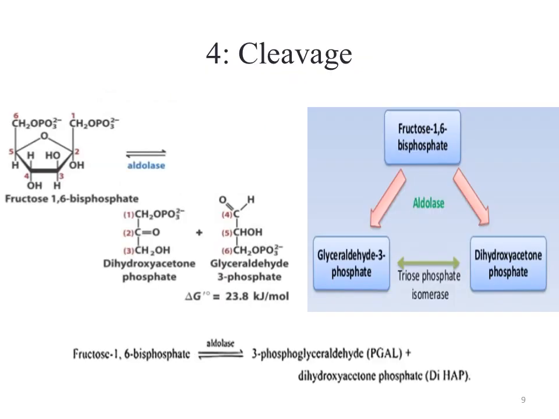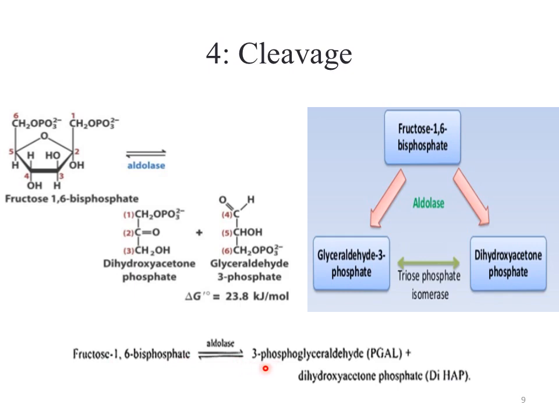The fourth step, that is the cleavage. Cleavage means the removal of some particular molecule. So we see the equation. Fructose 1,6 biphosphate gets converted into two molecules.